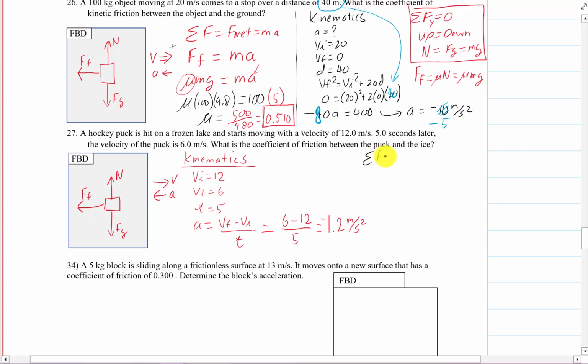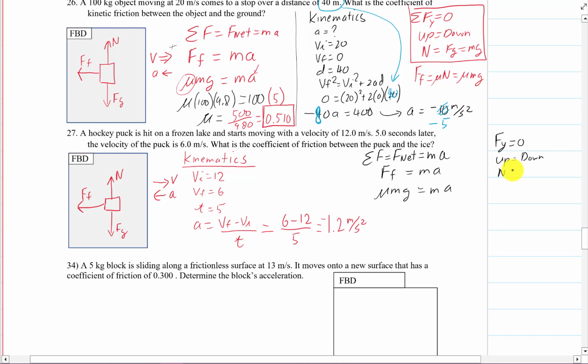The sum of the forces is equal to F net equals ma. What's winning? The force of friction, so that has to equal ma. The force of friction is mu mg, which is equal to ma. Why is it mu mg? Well, the forces in the y direction are equal to 0. The upward force equals the downward force.